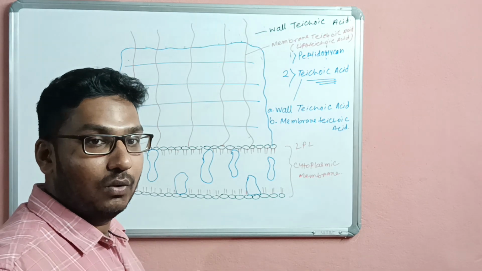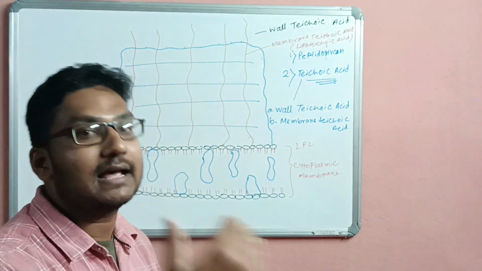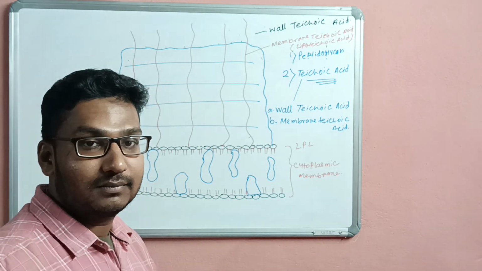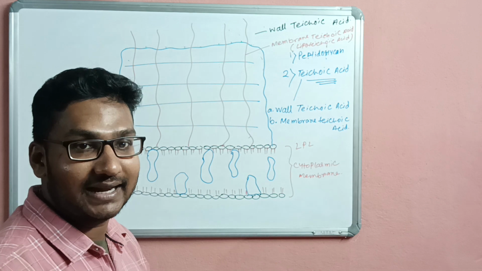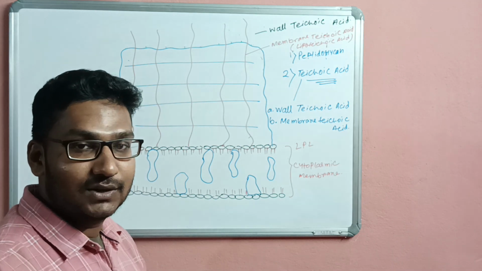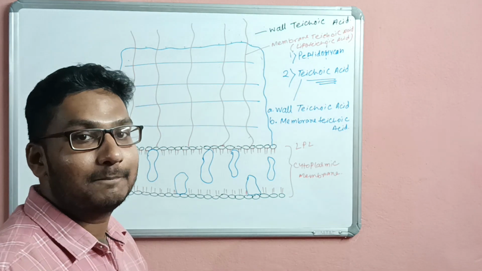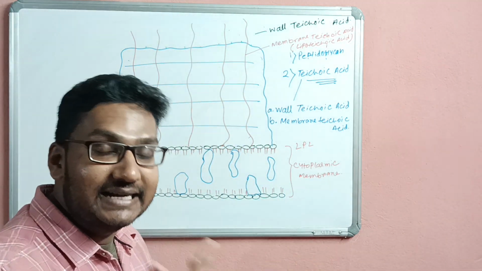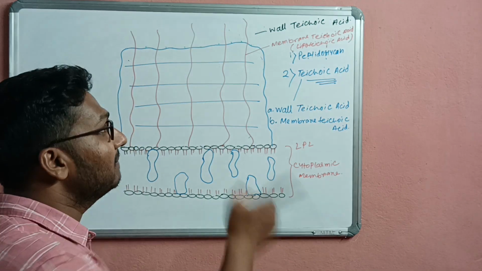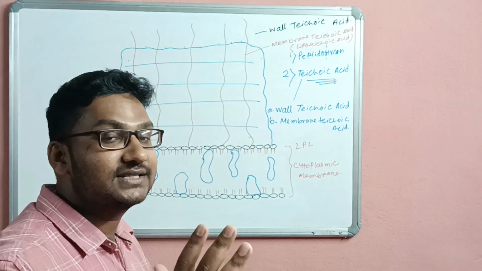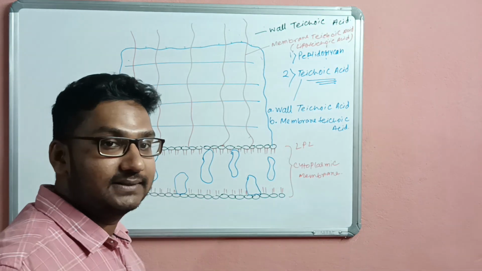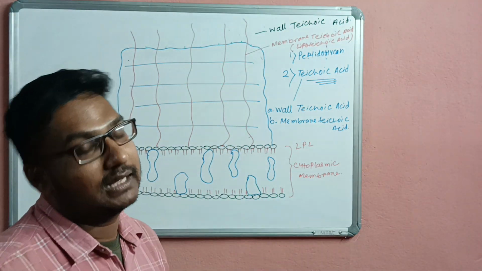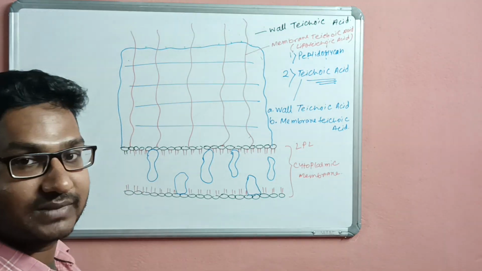Sometimes in repeated subculture or in old microbes, gram positive bacteria which are subcultured in different media, at that time the wall teichoic acid disappears, but membrane teichoic acid must always be present. This is one of the identifying features of gram positive bacteria. Okay, clear?